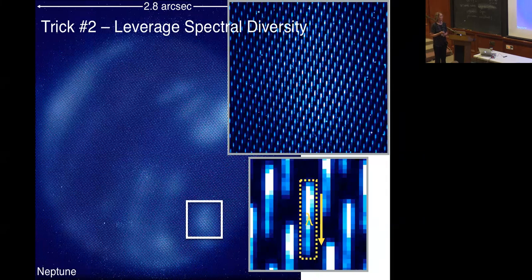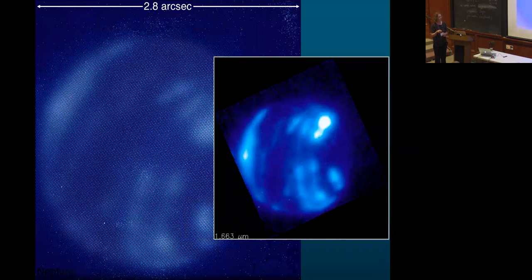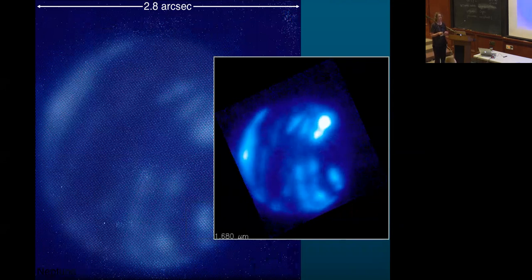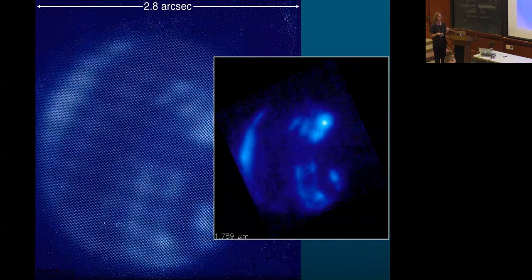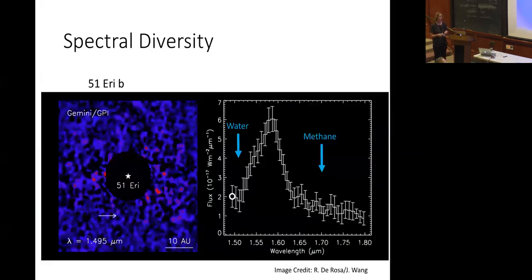What the Gemini Planet Imager reduction pipeline does is it takes this image and constructs a cube of images where the third dimension is wavelength. And you can see that there are features on the surface of Neptune that get brighter and dimmer at different wavelengths. And this is true for exoplanets too.